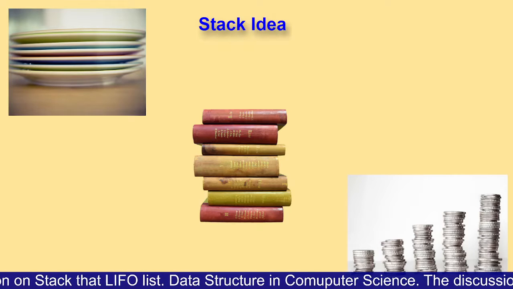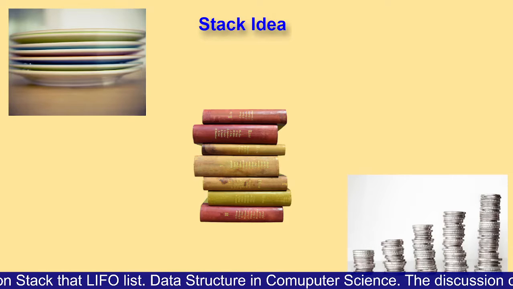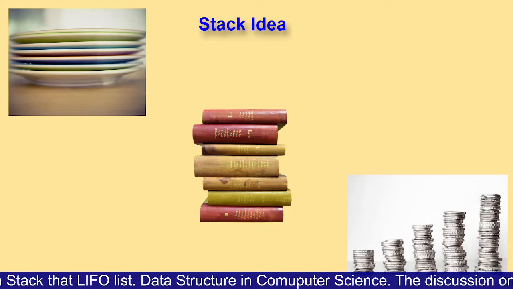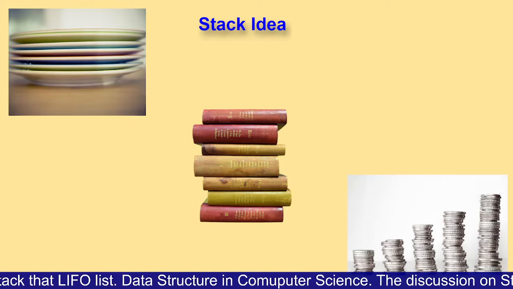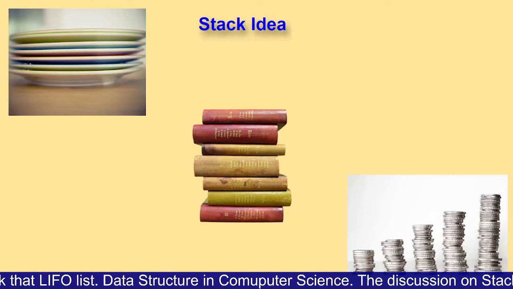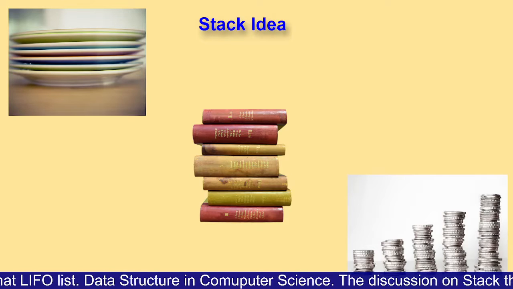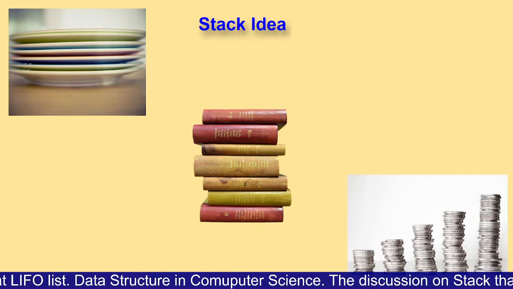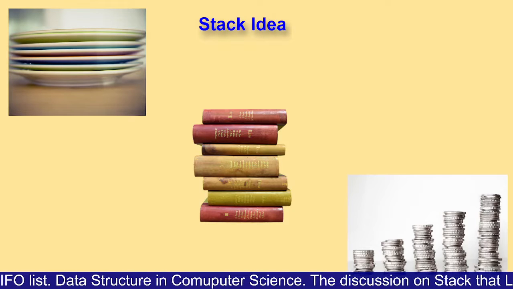So this is the stack terminology, where one operation is there by which you are able to place one element on top of the other. And the second operation is when you remove an element: a book from the top of the books, a plate from the top of the plates, and a coin from the top of the coin stack.